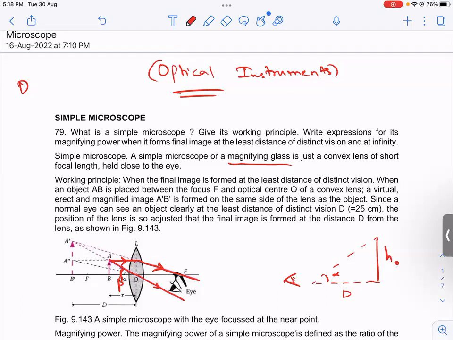Write down this parameter, which is called angular magnification. It is the ratio of the angle subtended by the image at the eye to the angle subtended by the object at the eye.